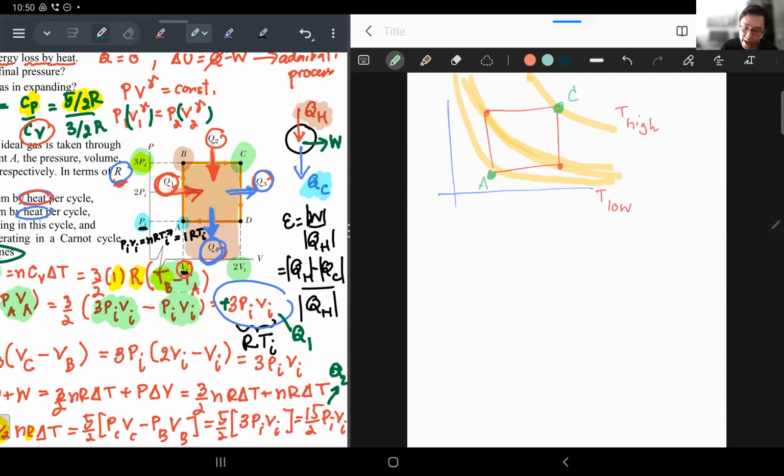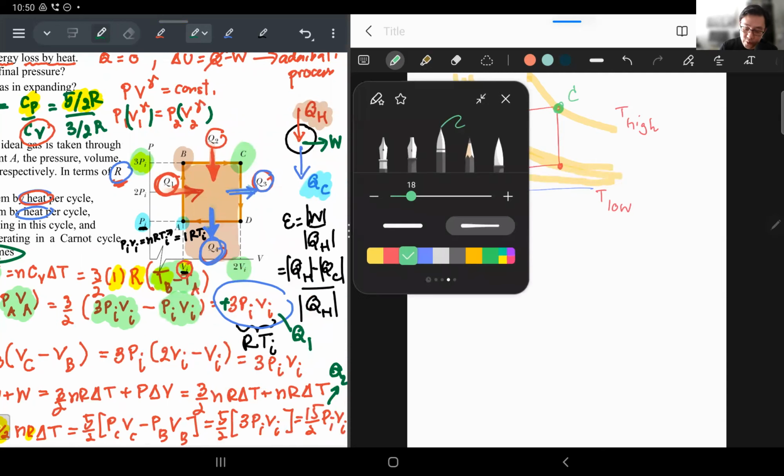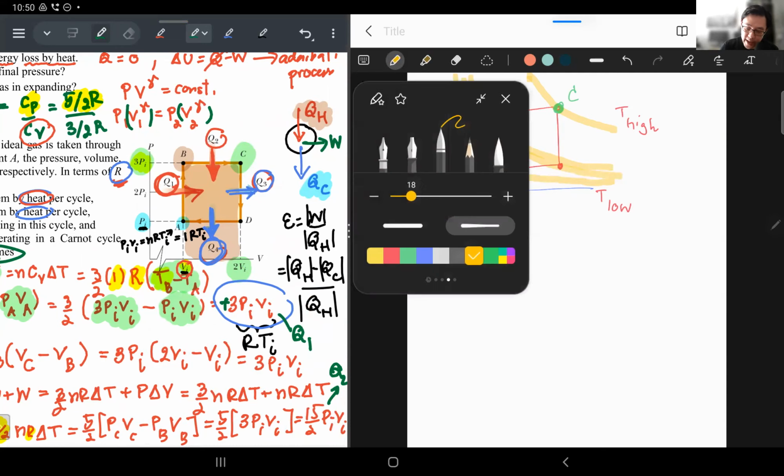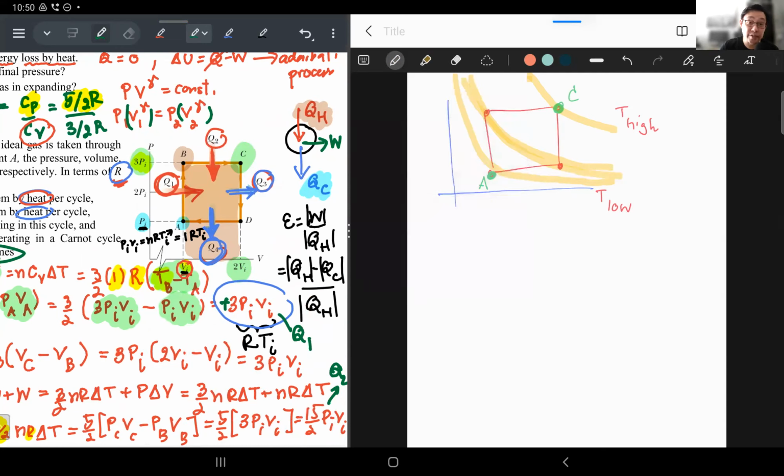So your Carnot engine, if you were to replace this with a Carnot engine, is going to be the engine operating between two extreme temperatures, T at A and T at C. So what you have is the efficiency of a Carnot engine. You put the subscript C into this, and it'll be equal to 1 minus, you remember? Let me write. Efficiency in general is Q cold over Q hot, right?